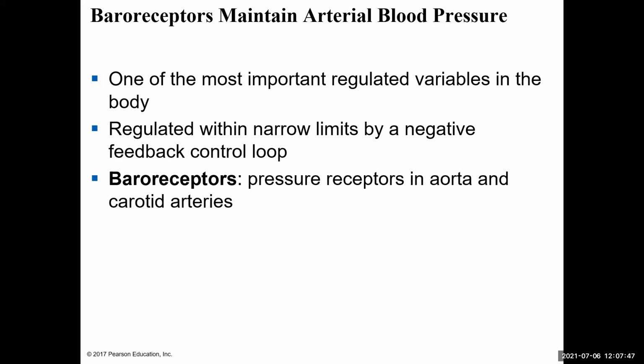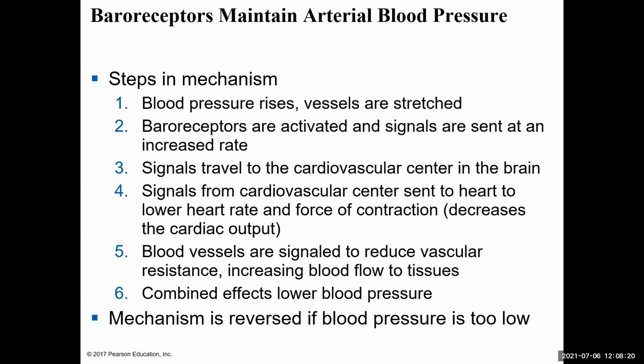Okay? And the way this works is that there are baroreceptors in the aorta and the carotid arteries that detect the blood pressure on those vessels. These receptors help regulate a negative feedback loop that keeps it at a constant pressure. Those receptors, say in the aorta, can detect any changes in blood pressure.